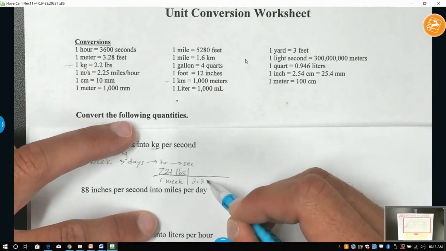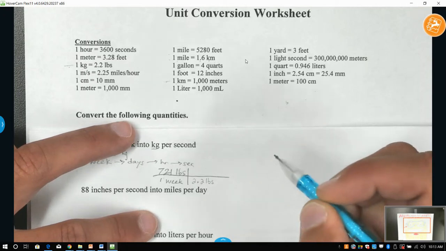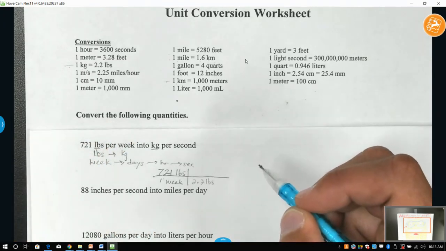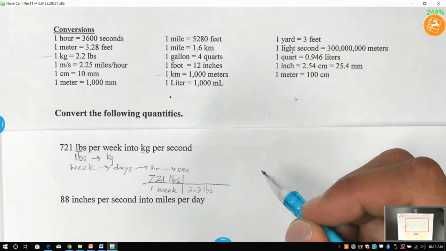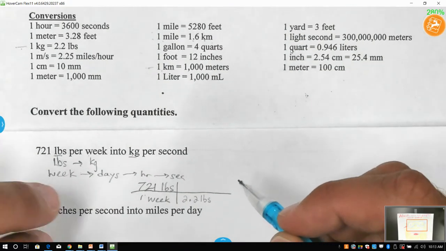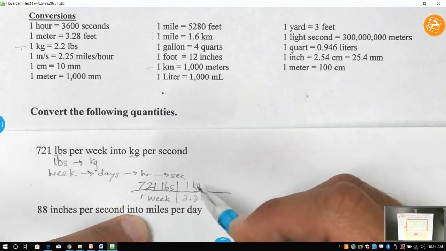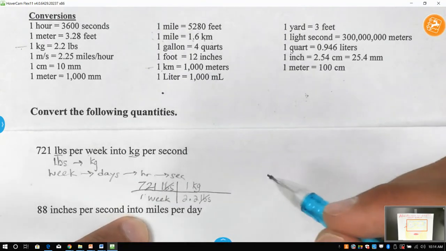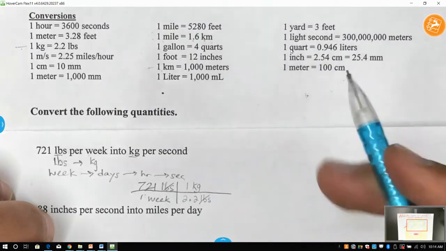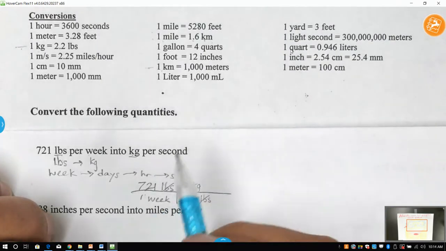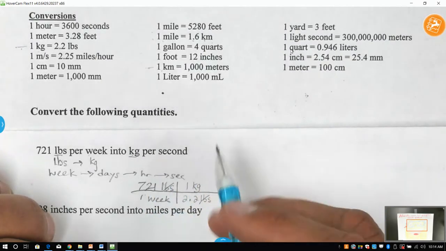So we have 2.2 pounds on bottom, and that would give us 1 kilogram up top. So we're converted here, we've canceled out our pounds. All right, good. We are in our desired unit that we wanted, kg.